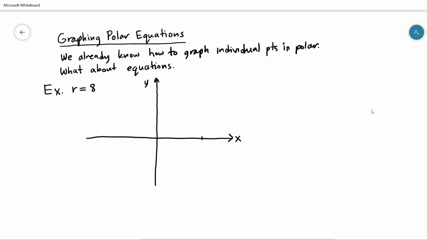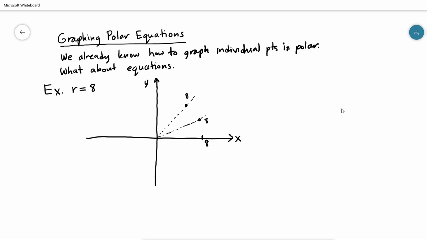At theta equals 0, this value right here is 8. And as theta increases, because there are no restrictions on theta, what is happening to r? When I go out in this direction, what is the value of r? Well, it is still a distance of 8. And when I go in this direction, it is still a distance of 8.